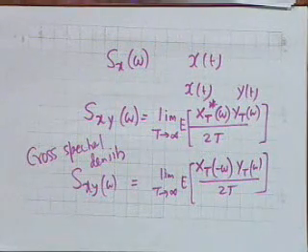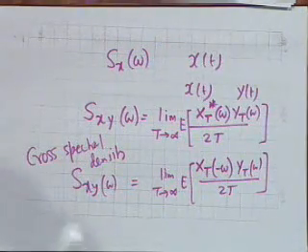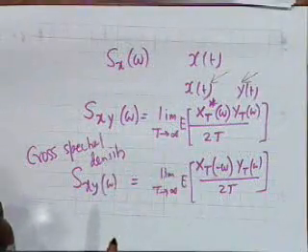Now something else that is to be noticed is that the truncation of both the random processes is to be done from minus T to plus T. That is, x of t as well as y of t, both of them have to be truncated from minus T to plus T. It is not under your control. Otherwise you cannot define a cross spectral density.